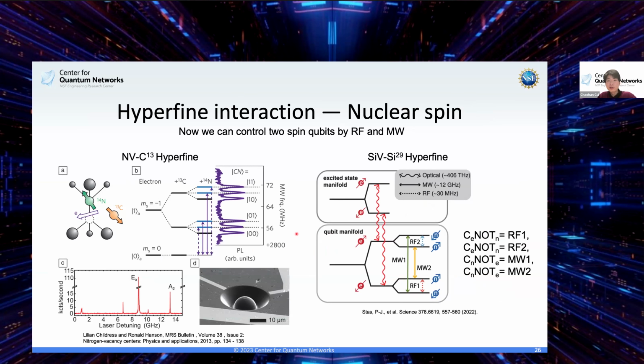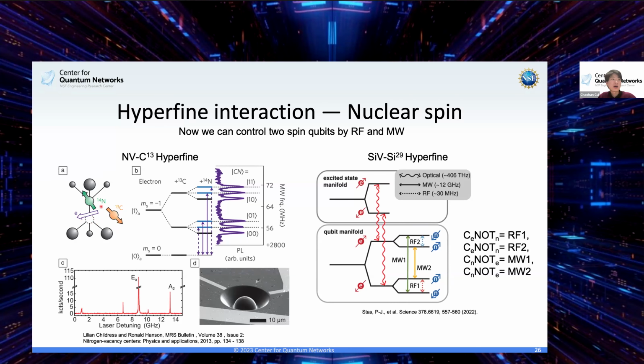The third knob, the most important one, is the hyperfine interaction. This is a magnetic coupling between the electron spin and the nearby nuclear spin. So here in the NV cluster, if I'm so lucky that I have a carbon-13 instead of carbon-12 around this ensemble, you will actually have the electron spin coupled to the carbon-13 nuclear spin.